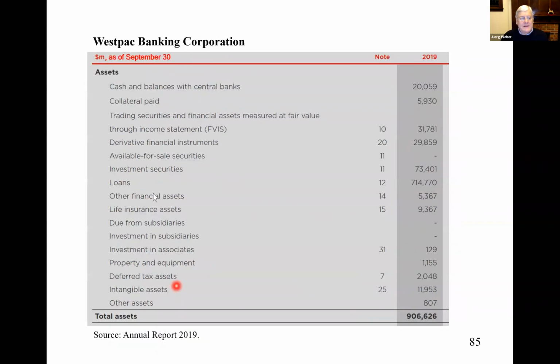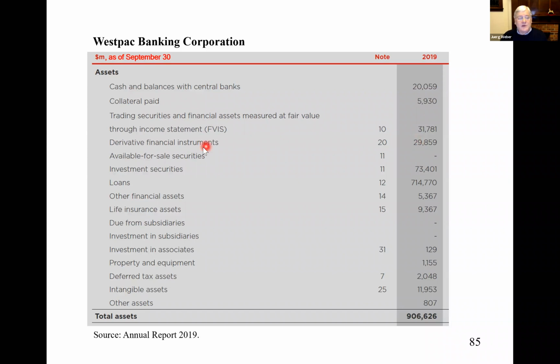Now, a final interesting item here is derivative financial instruments. It's $29 billion, so that's quite a lot. Those are the forward and futures contracts and the options. Those contracts that have positive value, the Westpac lists amongst assets.